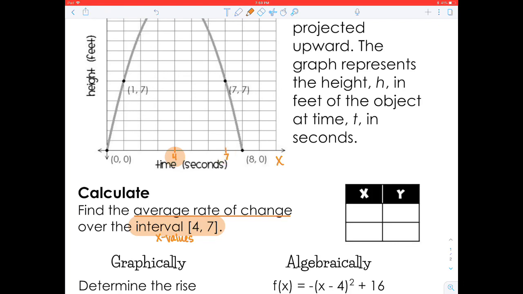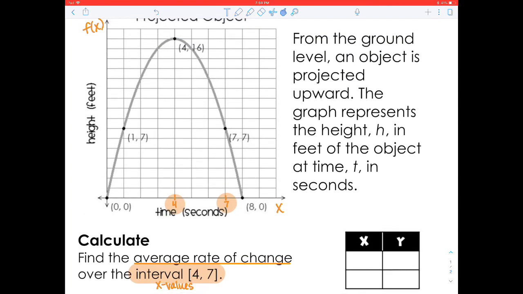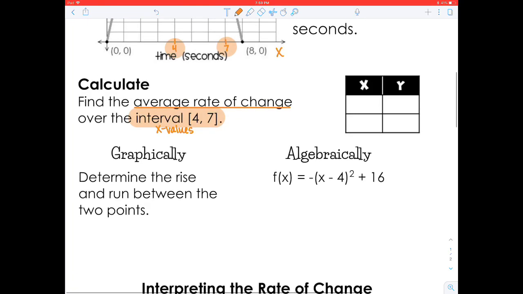So you need to find the points that correspond on the graph with these x values. Let's go up on the graph, and we've got a point. The maximum point here is (4, 16). And then the point where x is 7 is here at (7, 7). So the y value for that is also 7. Those are the 2 points we're going to find our average rate of change in between.